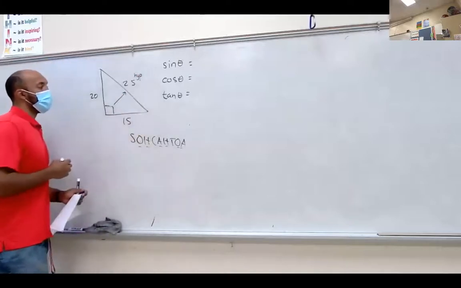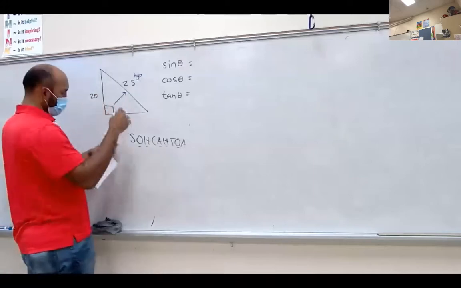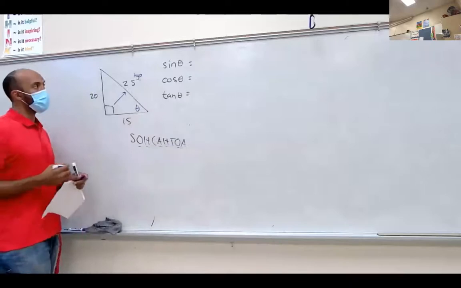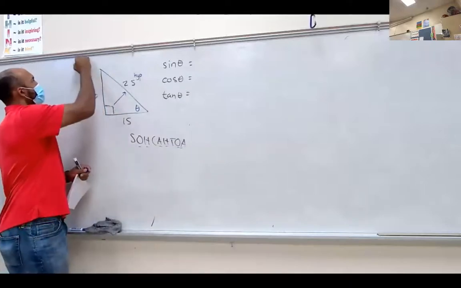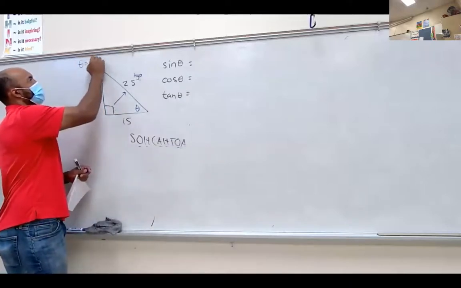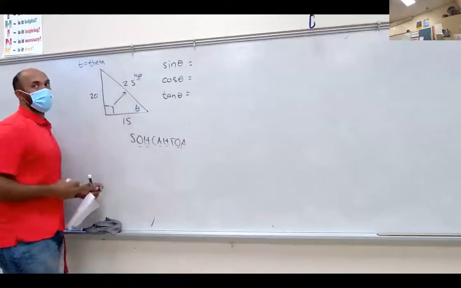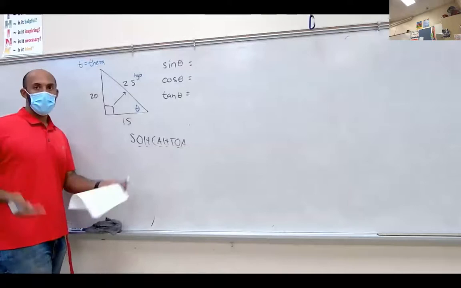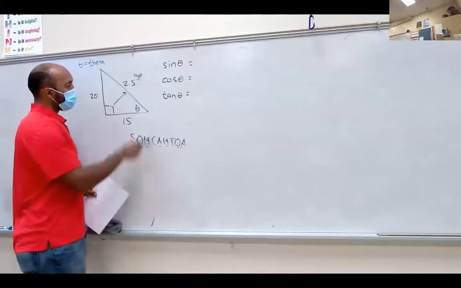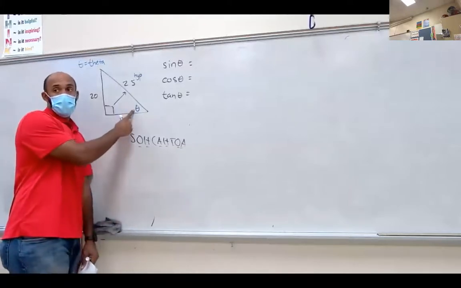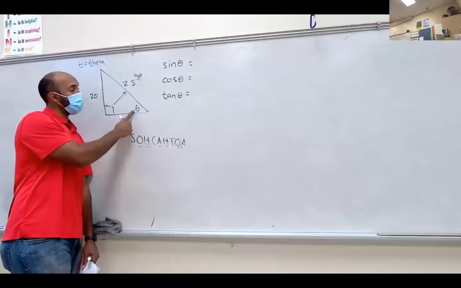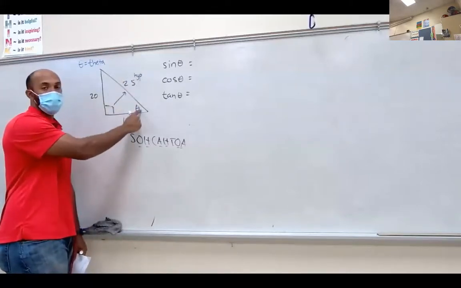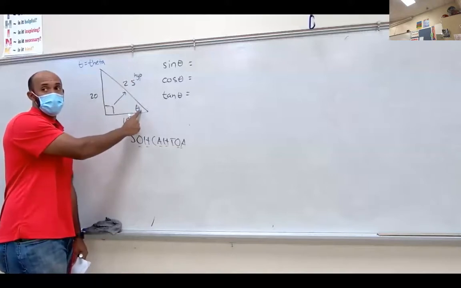Now let's say, I need theta. I need this little angle symbol here. By the way, that is a Greek symbol, and it's called theta. So if I say angle or theta, it's the same thing. That's what we're using as a reference point. Besides the 90, which always tells us where the hypotenuse is, this will tell us where opposite and adjacent are.